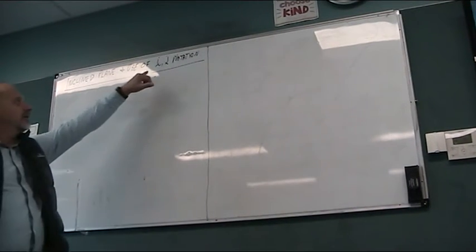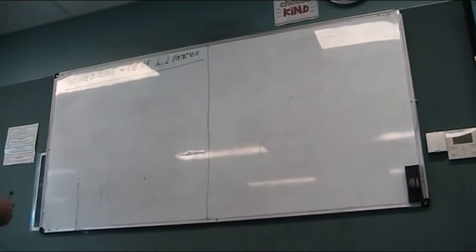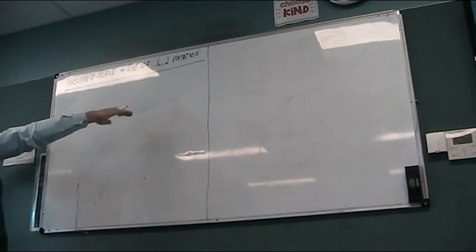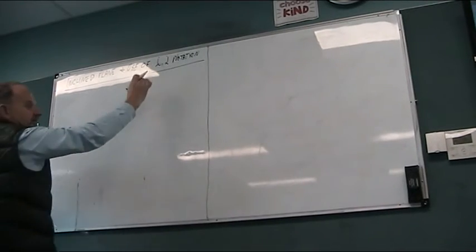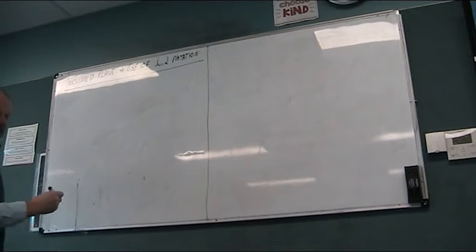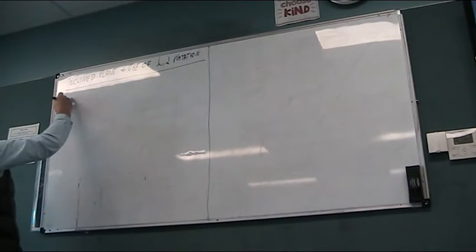Alright, so with I and J, usually we would use vertical and horizontal. So horizontal we would normally go for the I, vertical you normally go for the J, but we don't have to.